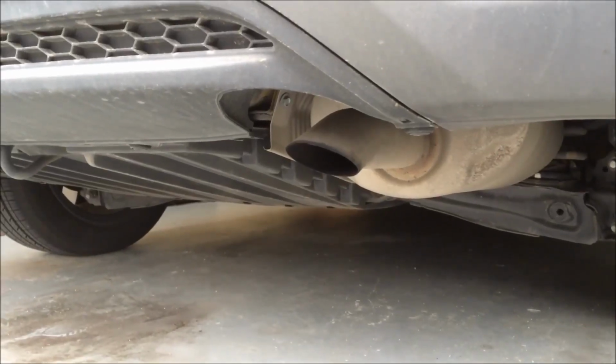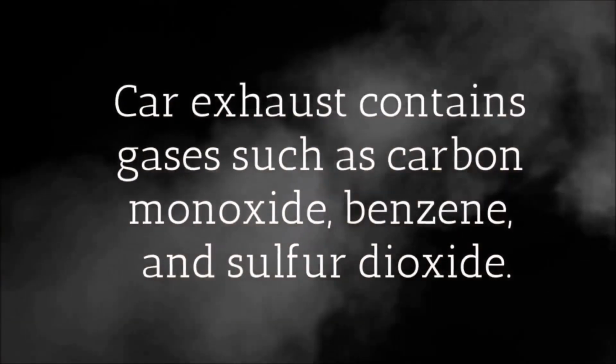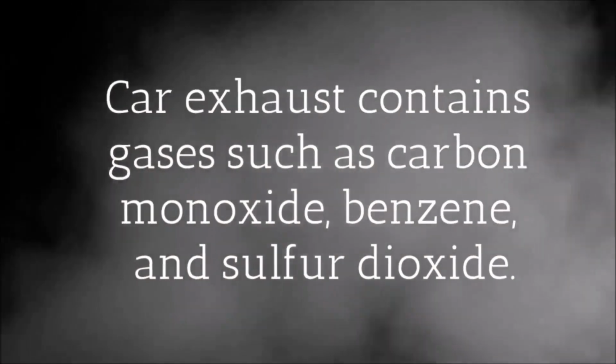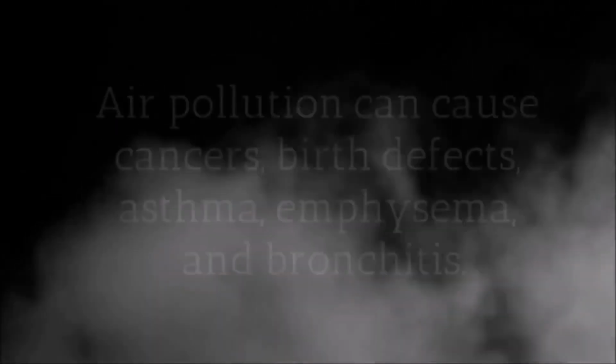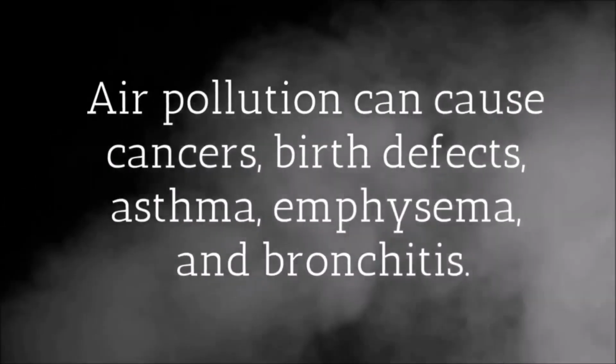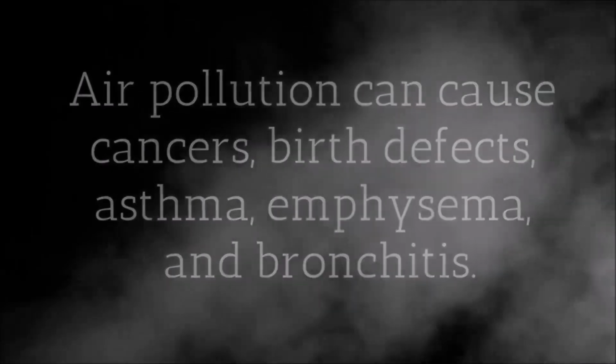So, why is car exhaust bad? Car exhaust contains gases such as carbon monoxide, benzene, and sulfur dioxide, which have been known to contribute to air pollution. Air pollution can cause cancers, birth defects, and can include asthma, emphysema, and bronchitis.